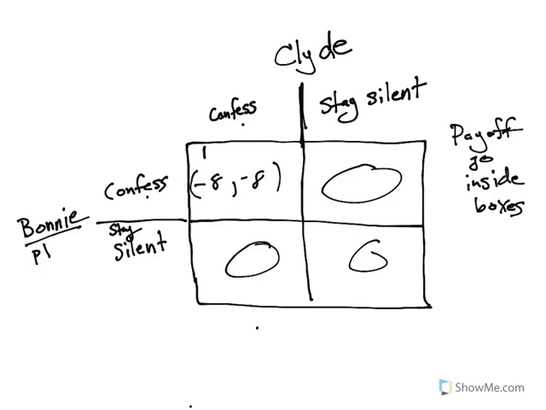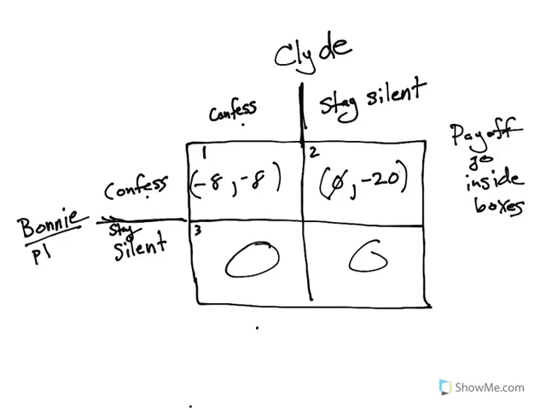We're going to make those negative because we're assuming prison's a bad thing that they do not want, so we don't want it to be a positive outcome. In this situation, Bonnie is confessing, but Clyde is staying silent. So in that case, if Bonnie confesses, she's the one that goes home. She gets no years in prison. But Clyde gets the whole 20 years.